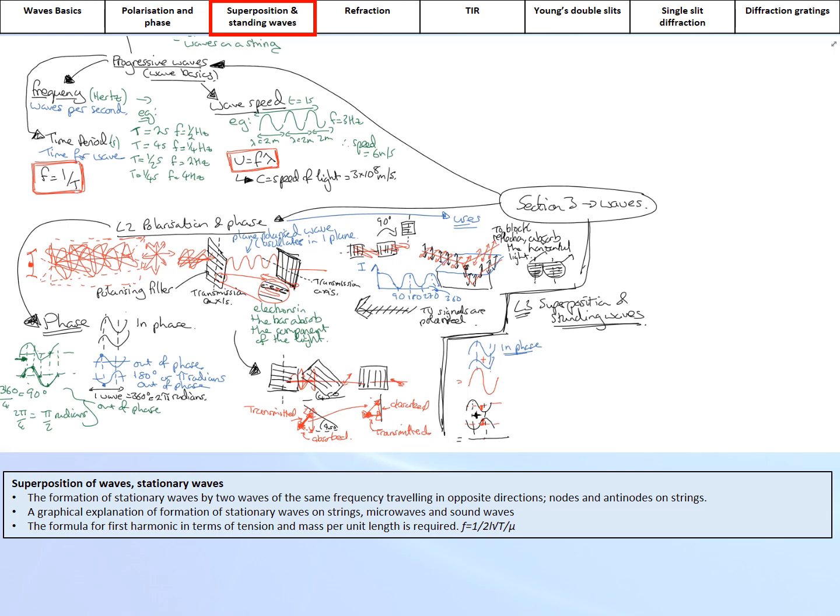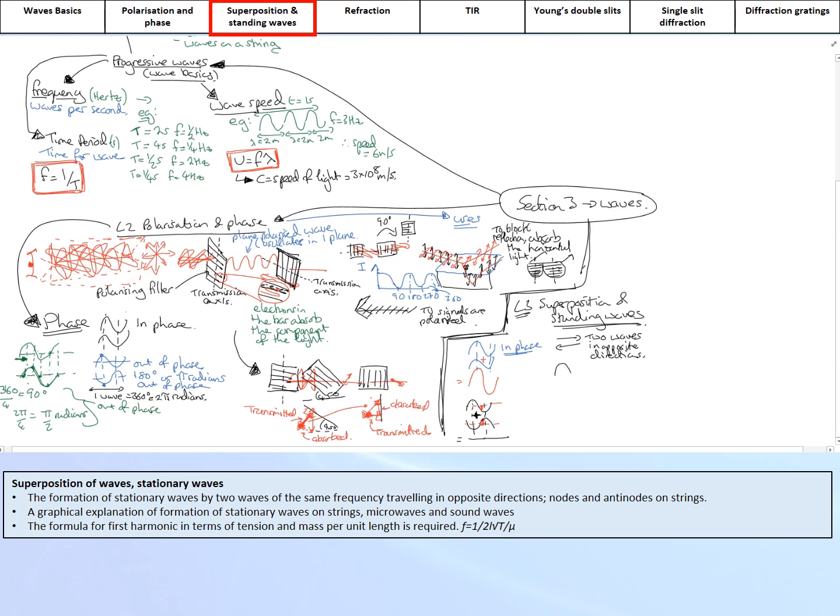Now, it turns out that if you have a scenario where you have two waves like that, and they have to be going in opposite directions, so if we have two waves traveling in opposite directions, then we see something really, really weird.